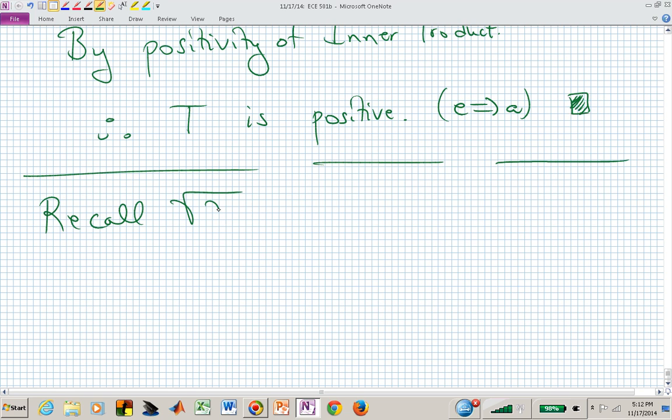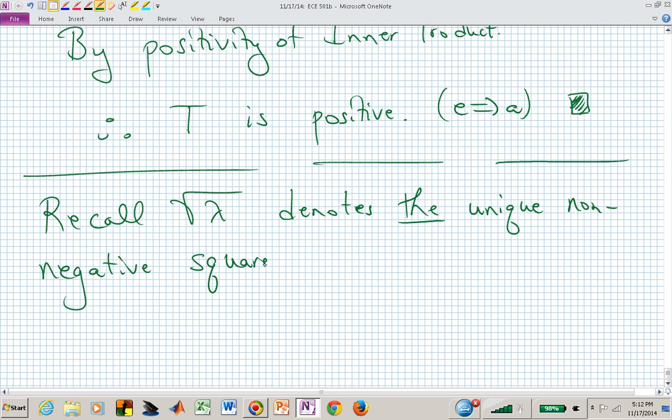Recall that the square root of lambda denotes, let's say, the unique non-negative square root of a non-negative number lambda.